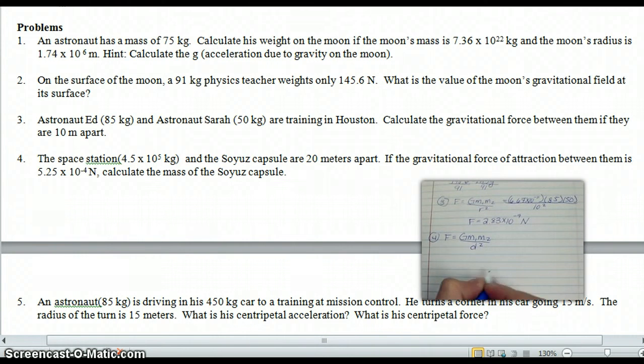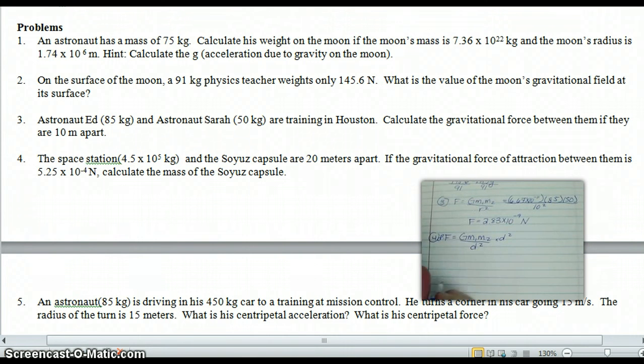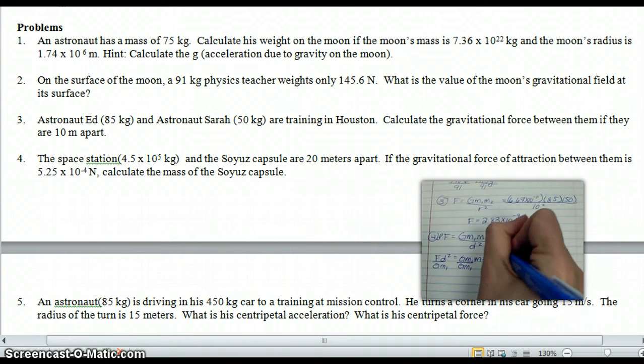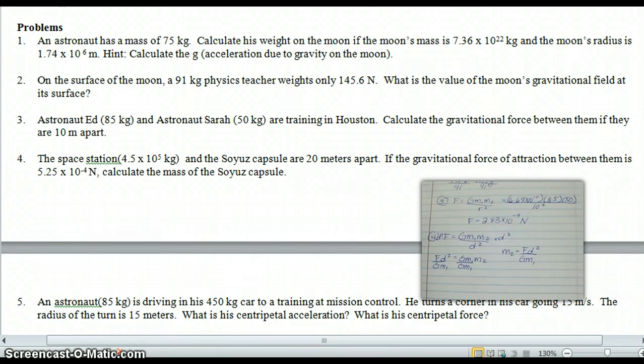So if we rearrange this equation, we start by multiplying both sides by d squared. So we have F d squared equals G m1 m2, and we're solving for m2, so we're going to divide both sides by G times m1. So the equation I want to use to calculate my mass is force times my distance squared divided by G times m1.